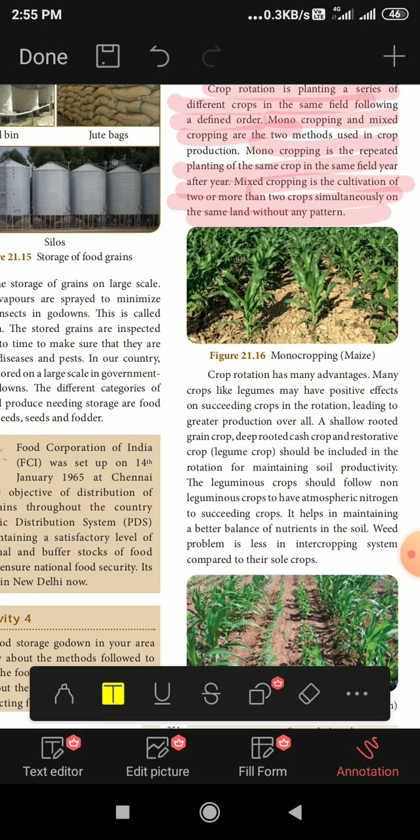So when this atmospheric nitrogen is absorbed by these root nodules of the leguminous plants, they will fix it to the soil, and the fertility of the soil will be increased. So by this, for the next cultivation, the land will be ready for the yield, or the production will be increased, because the fertility of the soil has been increased. For that purpose only, the farmers do the crop rotation.